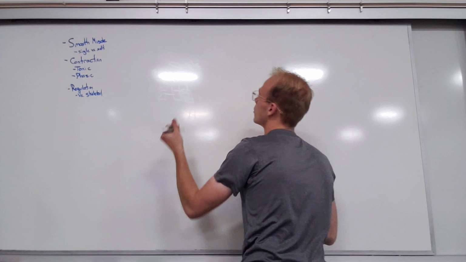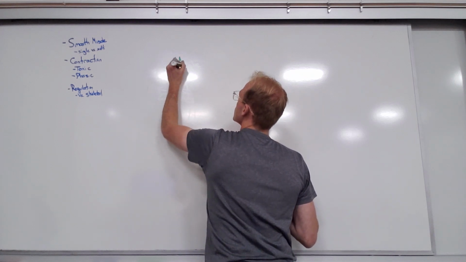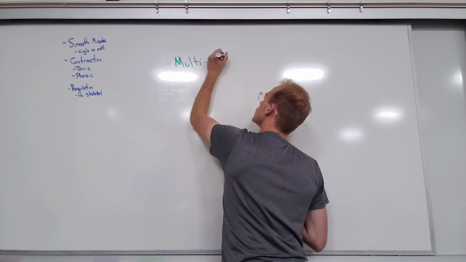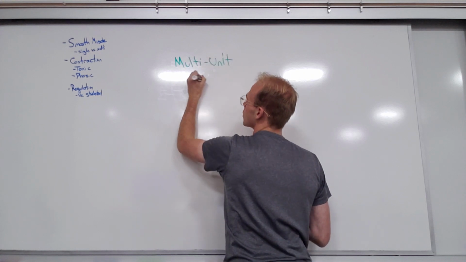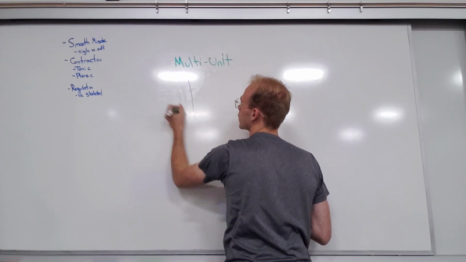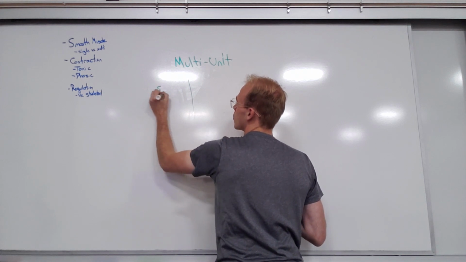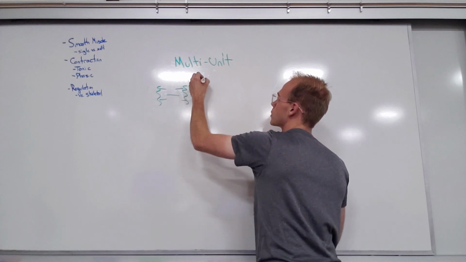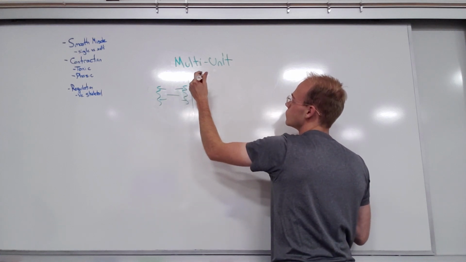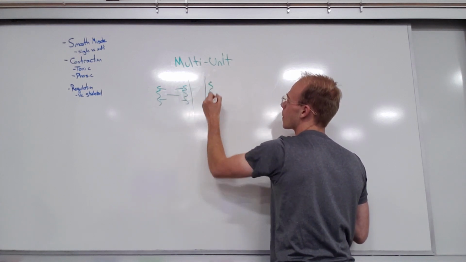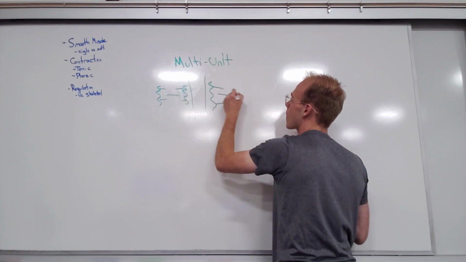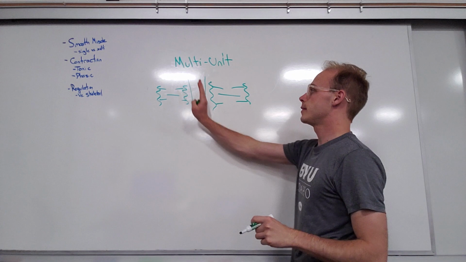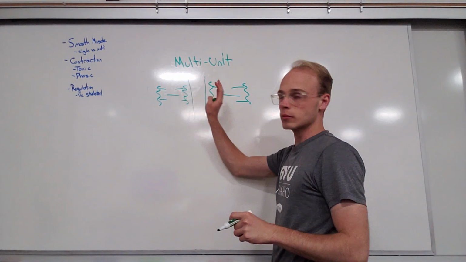Your multi-unit ones. Say we've got here, there's one, and then here's another sarcomere. They don't have those gap junctions.